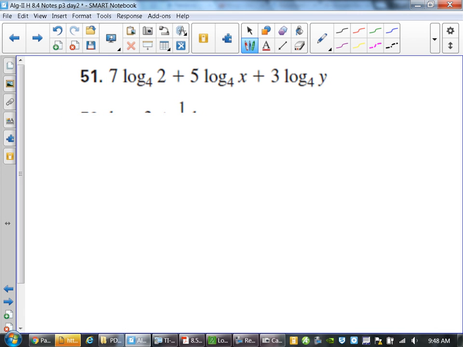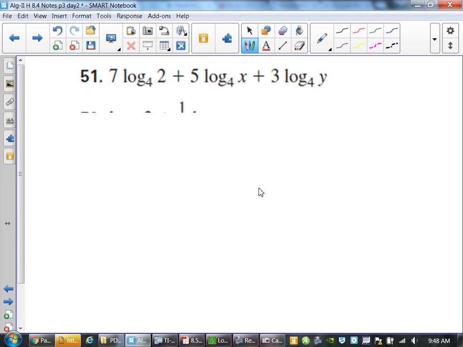Go the other way. We'll go the other way. Now, one of the things you'll notice when you have all these additions and subtractions is you start thinking about it in terms of, do they have the same common base first? And then you have all this addition between each one of them.